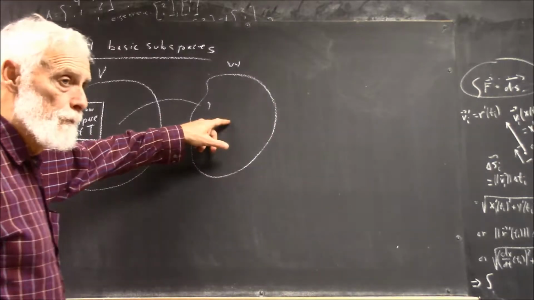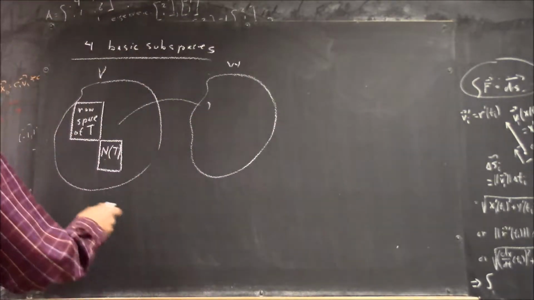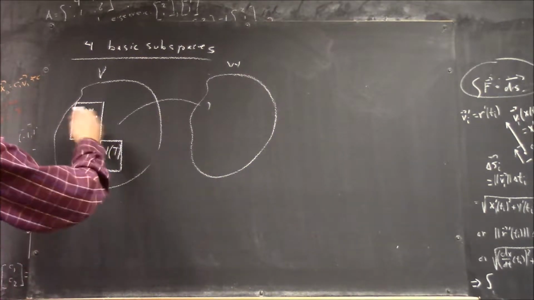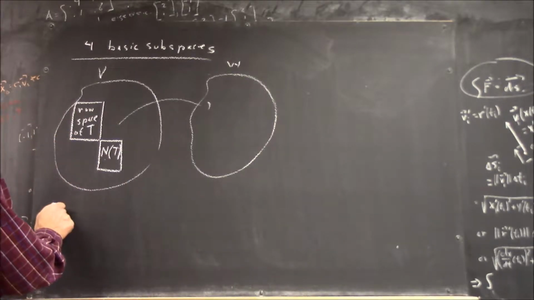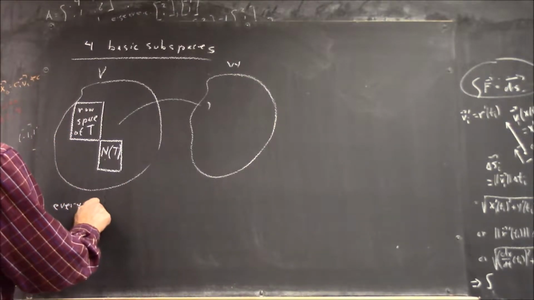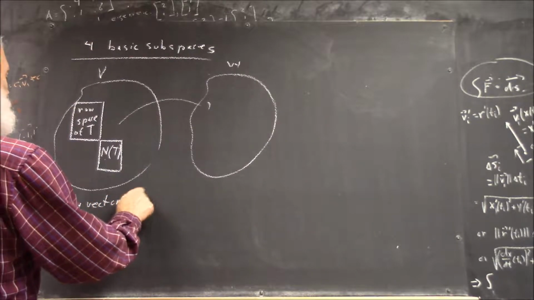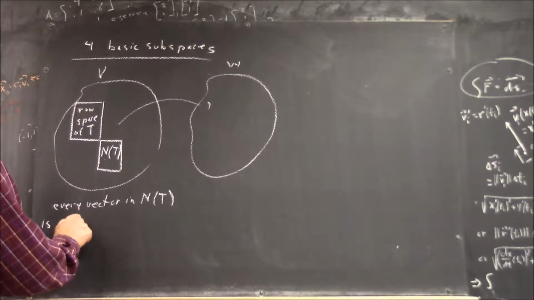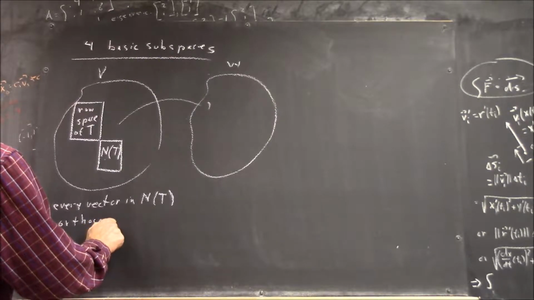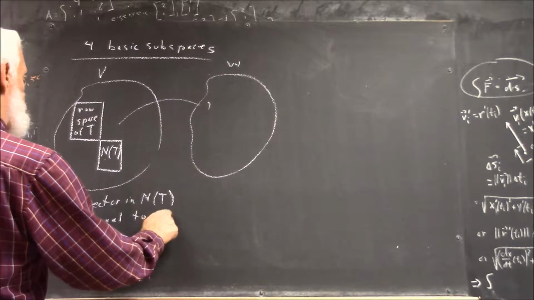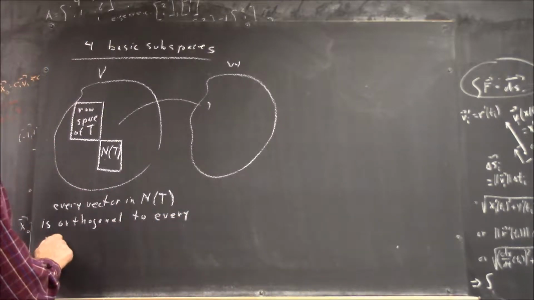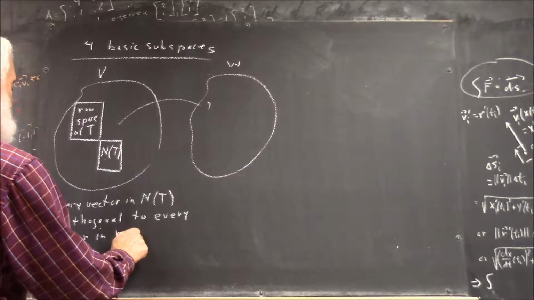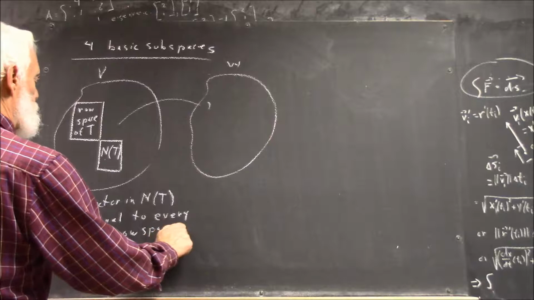Then over here, we know, and we've said it a number of times, that every vector in N of T is orthogonal to every vector in the row space.